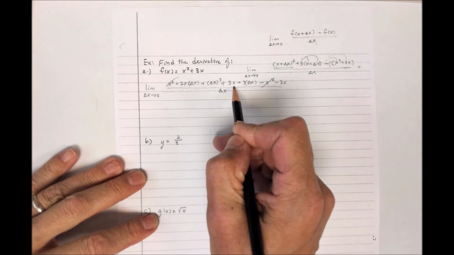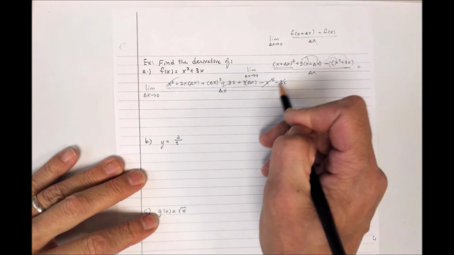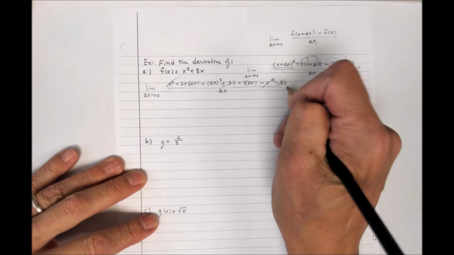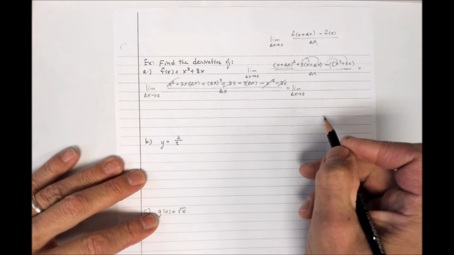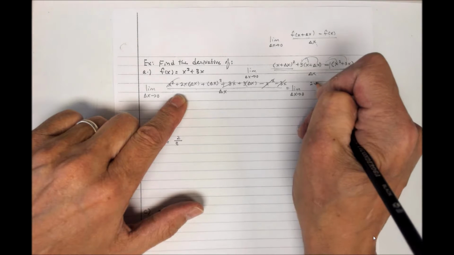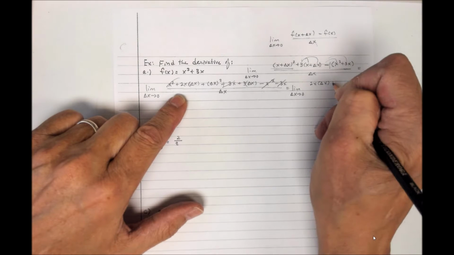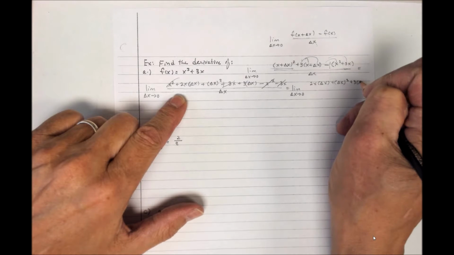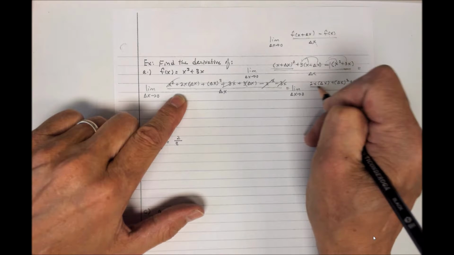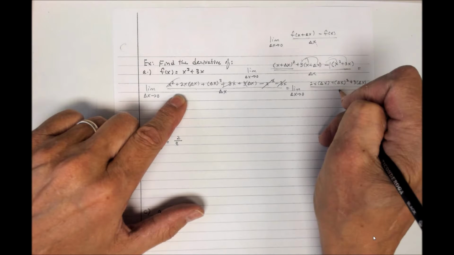I have a 3x here, I have a minus 3x. And it gives me the limit. Don't forget to write this limit down because I'm still evaluating. 2x times delta x plus delta x squared plus 3 times delta x, and that's all over delta x.